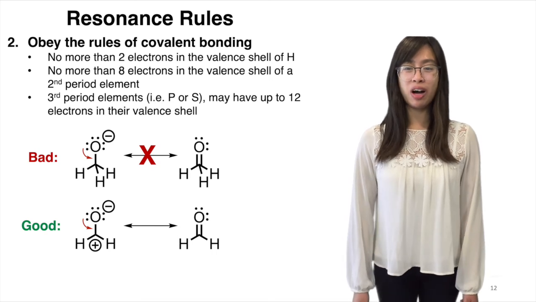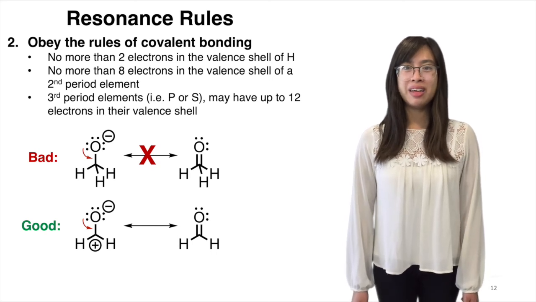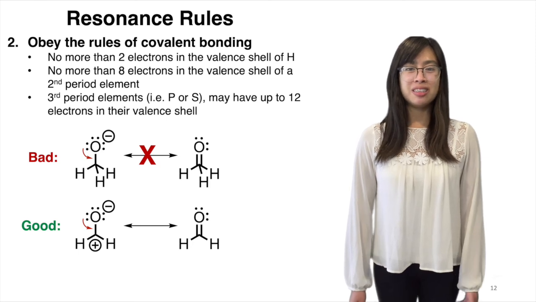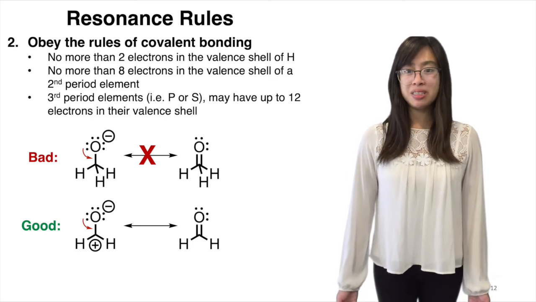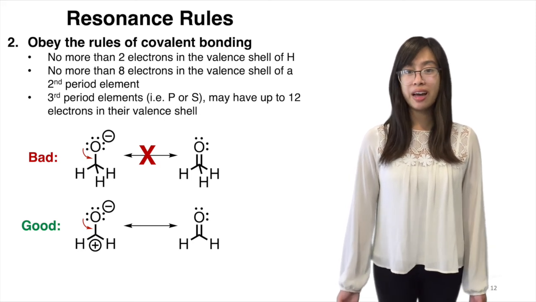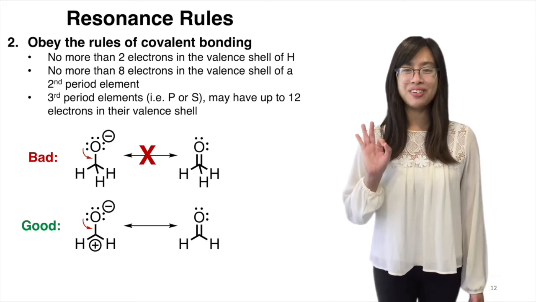Instead, if you see a positive charge on the carbon atom, that means it now has a hybridization of sp2. Since that means it has an empty, unhybridized p orbital, pushing down one lone pair of electrons from oxygen down to that carbocation is a-okay.